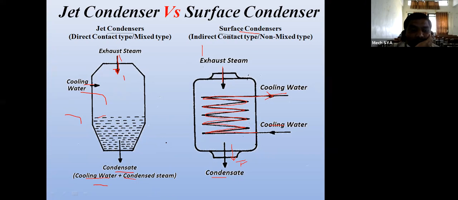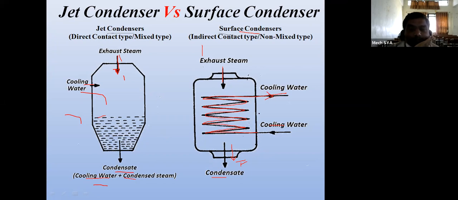So we have to go for some chemical treatment, water treatment, to reduce its pH value and remove some salts from that condensate. Because if the salt is carried into the boiler, there will definitely be corrosion and erosion, and the tubes of the boiler will get eroded.